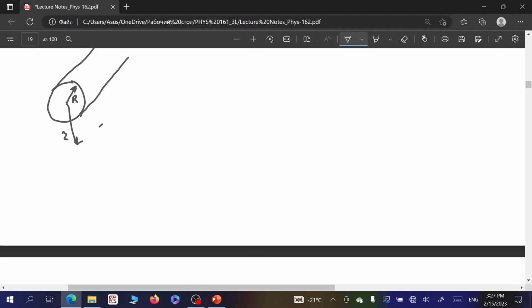So it will be some larger circle. And also we can determine it at some smaller circle closer to the center, which is placed inside the conductor.